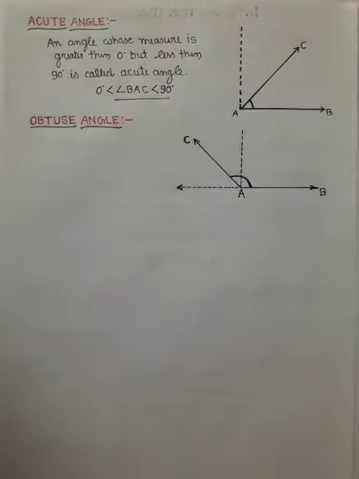Now next one will be obtuse angle. The basic property of obtuse angle is that the measurement of the angle is greater than a right angle and less than 180 degree.